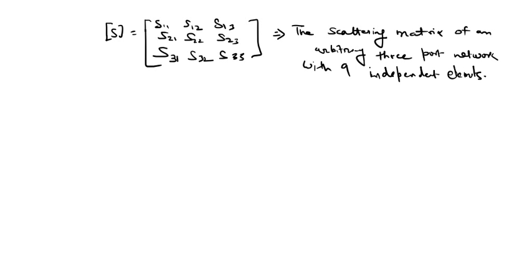You can see here you have 9 elements. So if the component is passive and contains an anisotropic material, then it must be reciprocal.